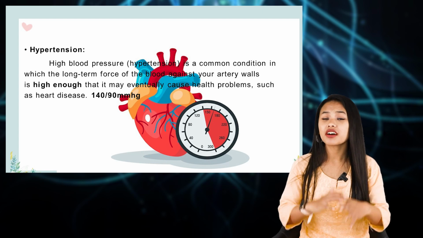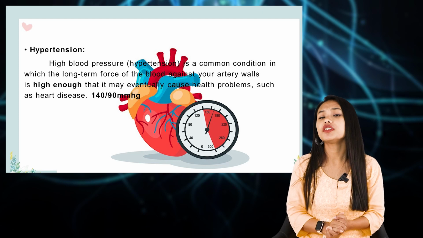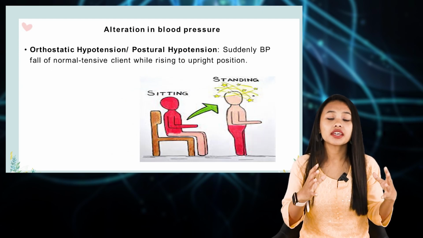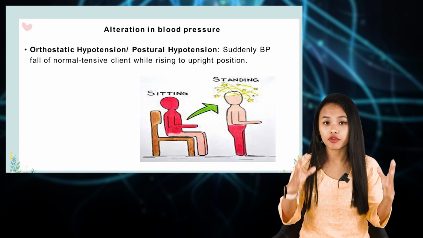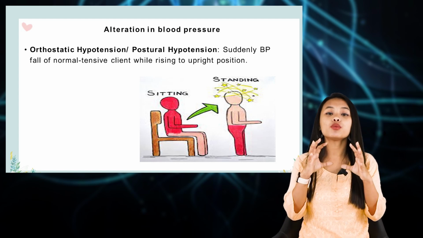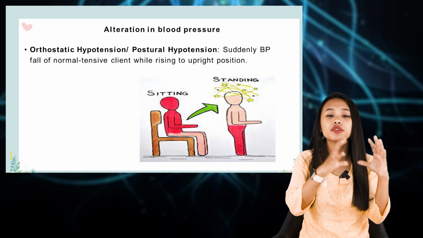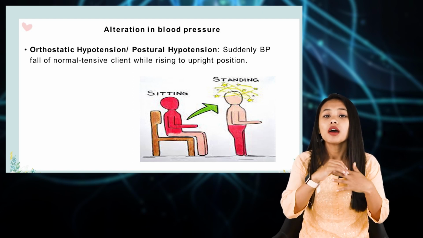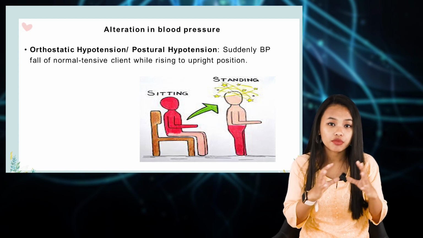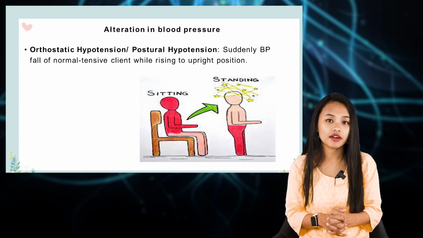Also, this is a very common condition in which the long-term force of the blood against the wall of the arteries is high enough that it can eventually cause health problems such as cardiac disease or heart disease. And when can we term a person to be suffering from hypertension? We can term a person to be suffering from a high blood pressure or from hypertension if you find that their blood pressure is 140 by 90 mmHg or above.